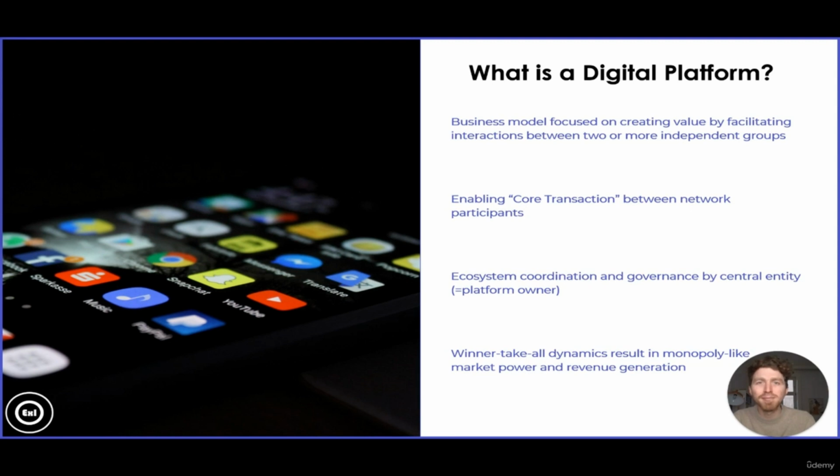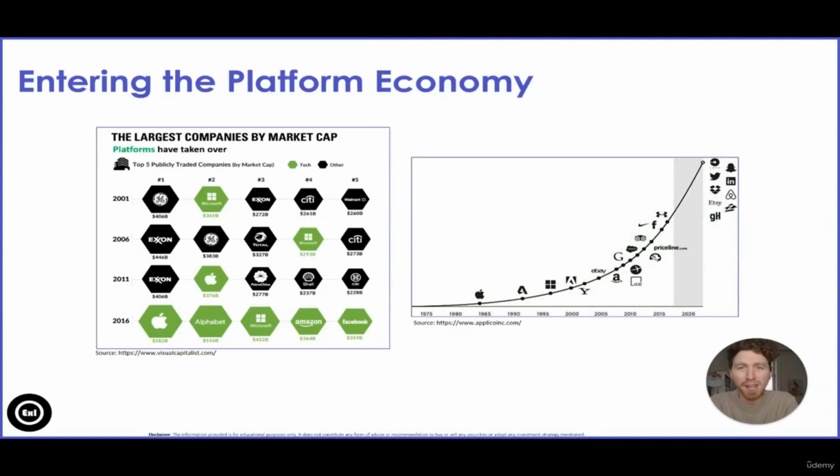Entering the platform economy. On this slide, I want to show you two very impressive pictures to emphasize how the platform economy is gaining more and more speed and is taking over the global economy.